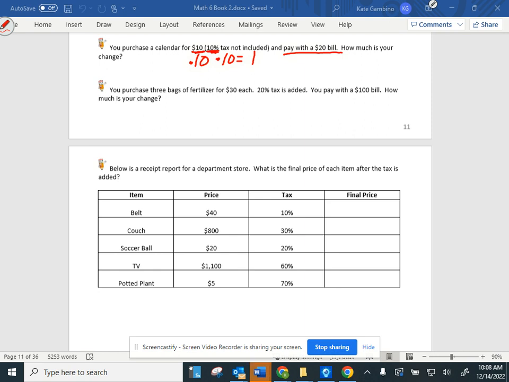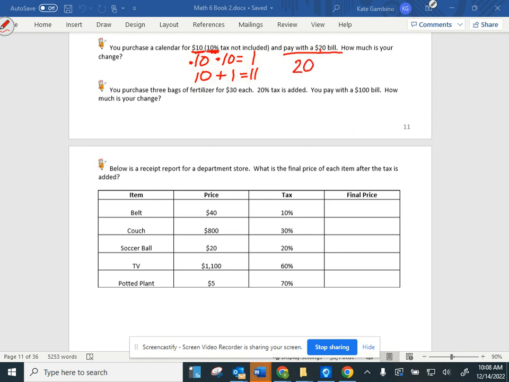So what do I do with that 1? Add it on. Yeah, because it's a $10 calendar, and this found me what the tax was. It was $1 in tax. So now I have my original price plus my tax equals 11. My question is, if I pay with a $20 bill, how much change do I get, Melina? You do 11 minus 20.